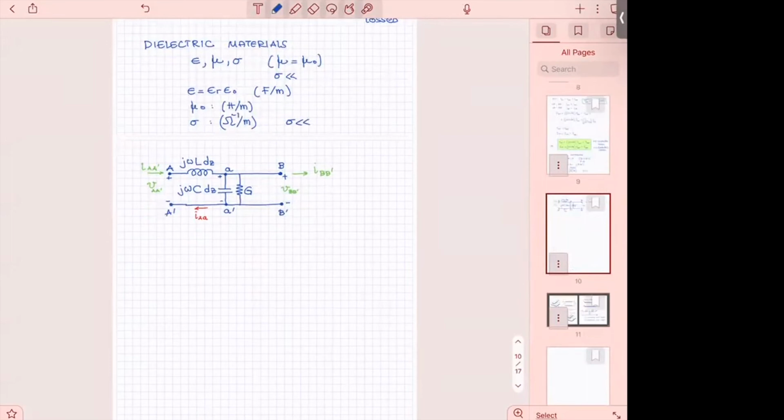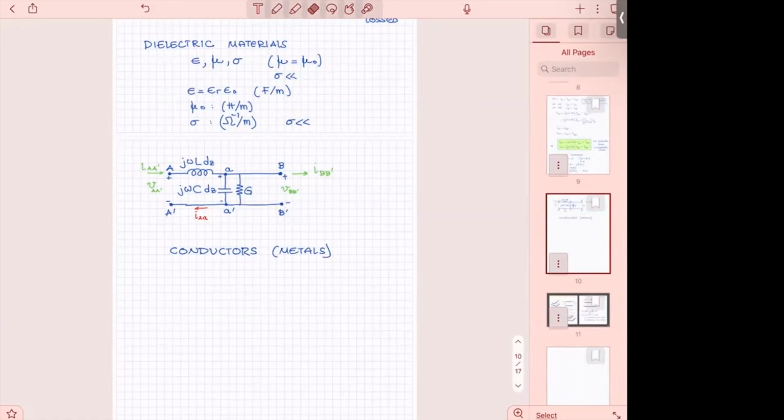But in conducting materials, in conductors, metals for example, they don't have epsilon and mu. It does not matter if they have anything, it's irrelevant, because perfect conductors or very good conductors do not have an electric or magnetic field in there, all right?